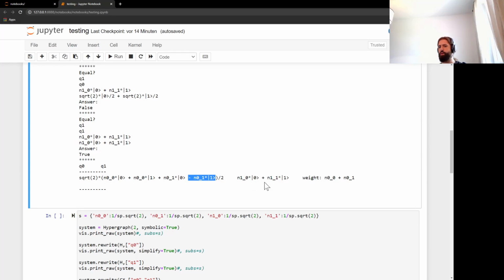It doesn't really matter where this goes. What matters is that these two qubits are not entangled anymore. So I should fix that.